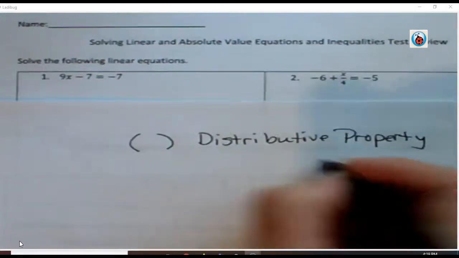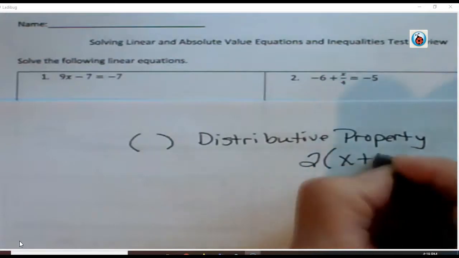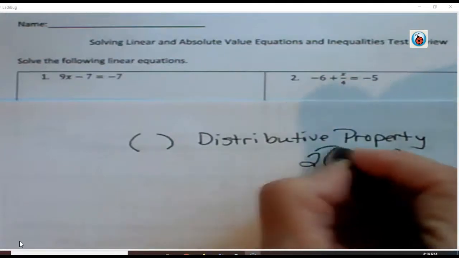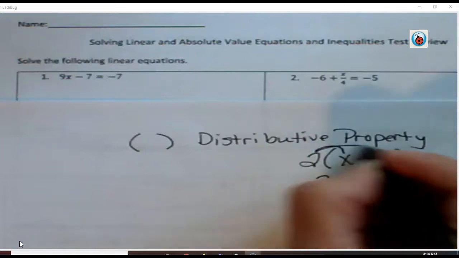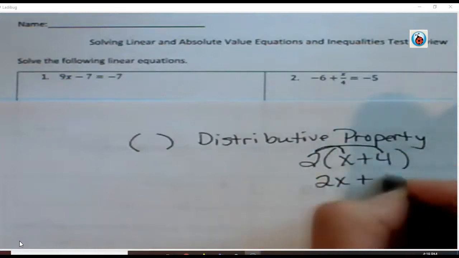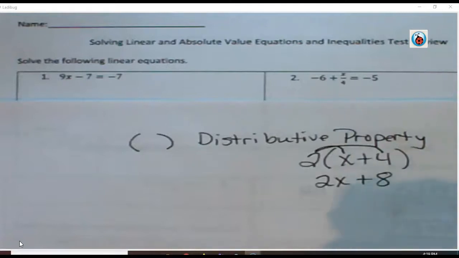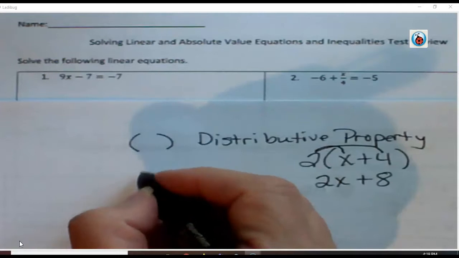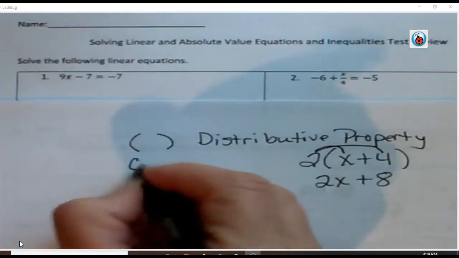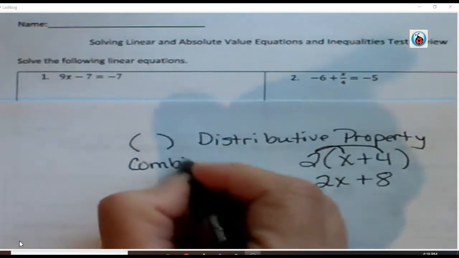Just an example of that is if you had 2 parentheses x plus 4, then you go 2 times x equals 2x, 2 times 4 equals 8. That's the distributive property. The next thing you want to do is make sure you combine like terms.